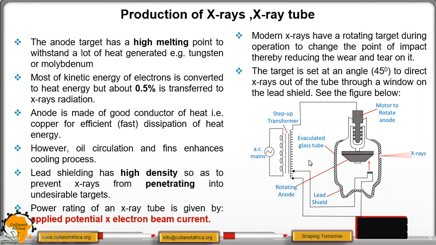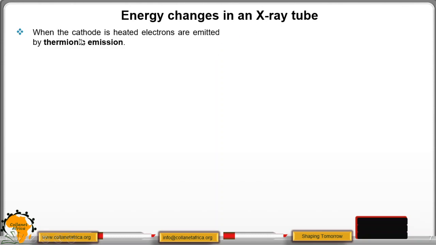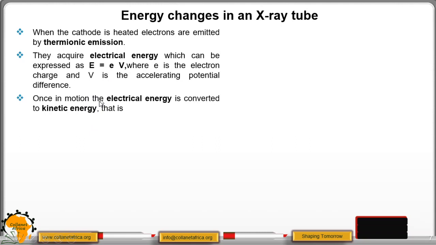After that, we move to energy changes in the X-ray tube. When the cathode is heated, we have seen that the electrons are emitted through thermionic emission. When they are emitted, they acquire what we call electrical energy. And this is given by eV, where e is the electron charge and V is the accelerating potential. This e is a constant, and its value is 1.6 times 10 to the negative 19 coulombs, as we are going to see later.